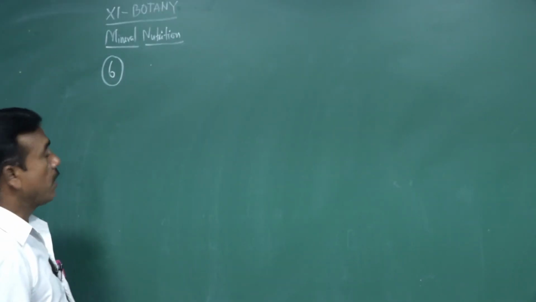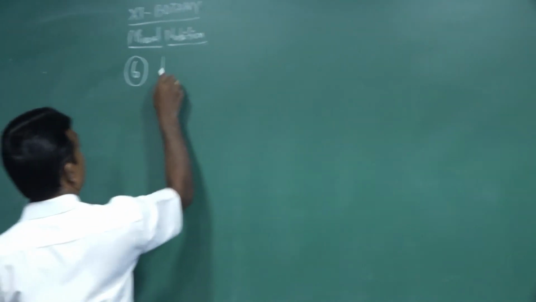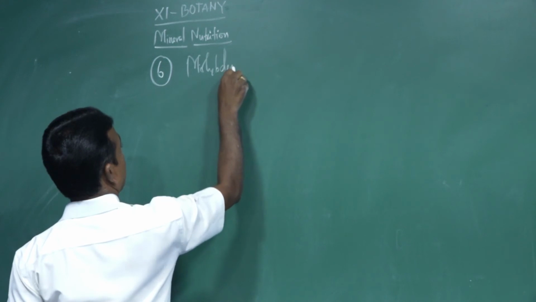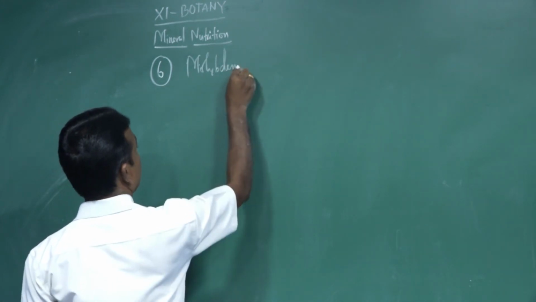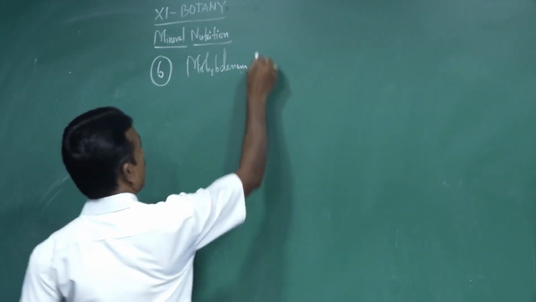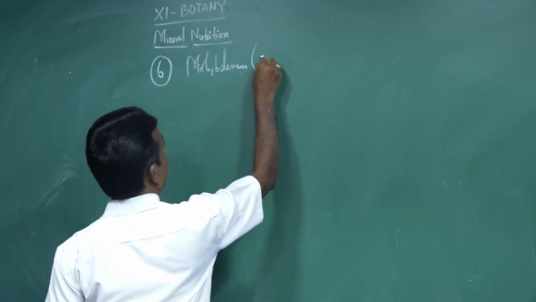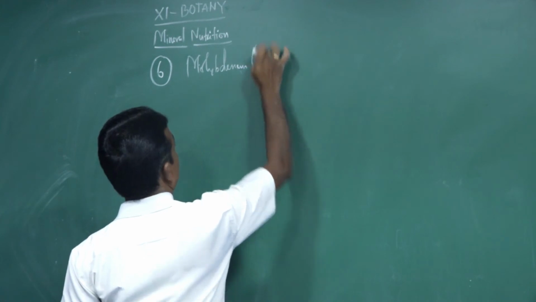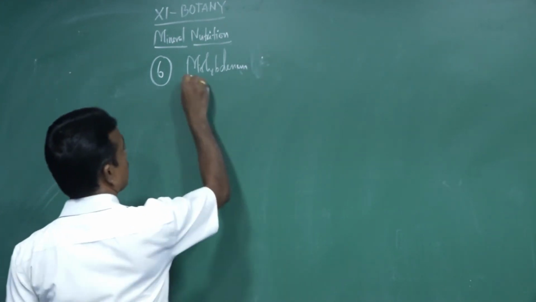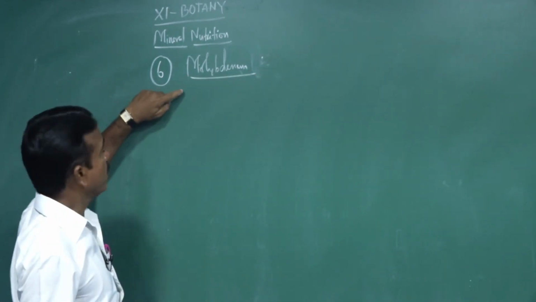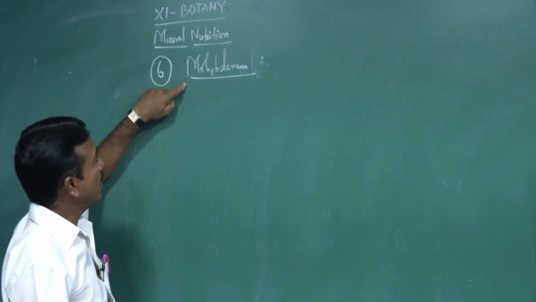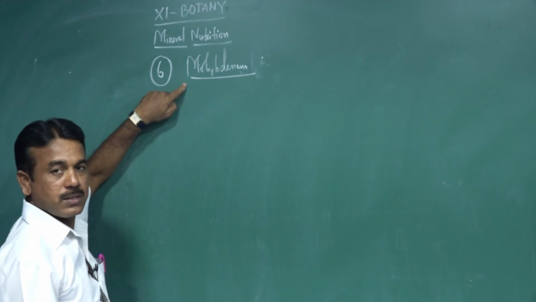Carrying on, the sixth element is molybdenum. That is commonly called Mo, otherwise known as molybdenum. It is also one of the essential micronutrients.